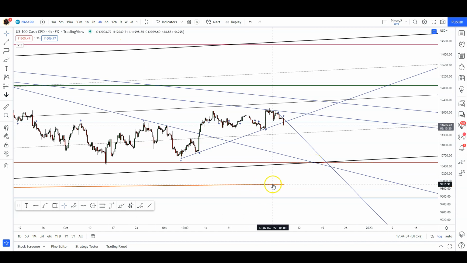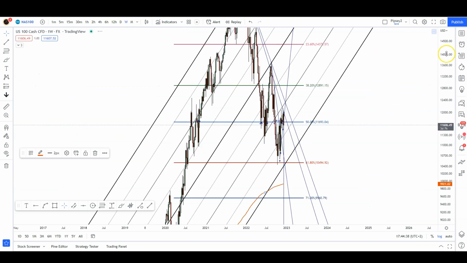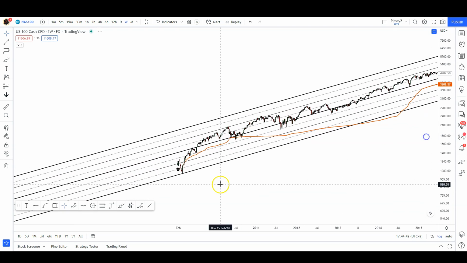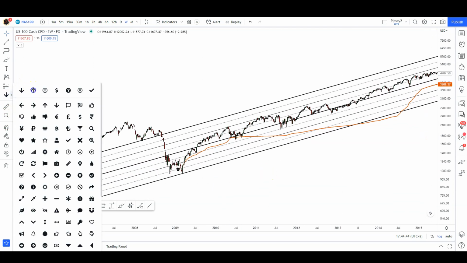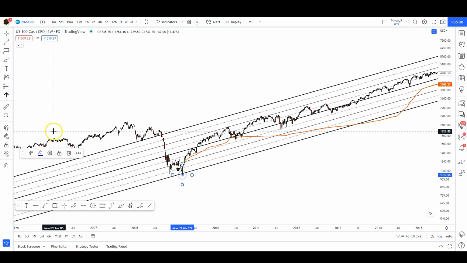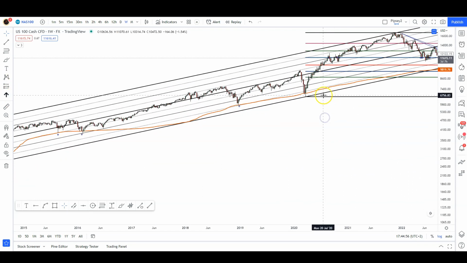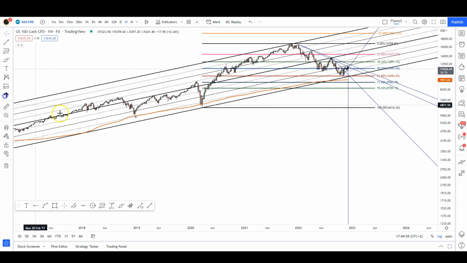Just want to show you guys this anchored VWAP, this orange line at the bottom here. If we go back into the past, from the 2008 crash, support, it kept up through all these pullbacks, crashes that we've had, even the corona, right?